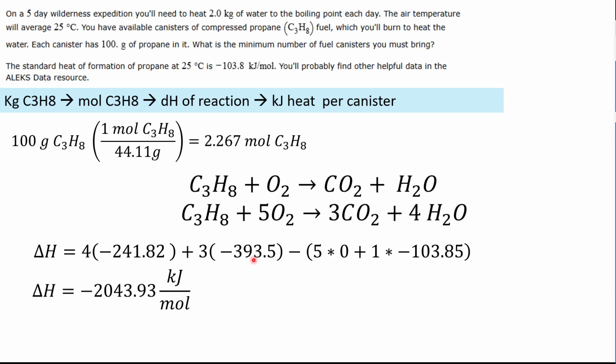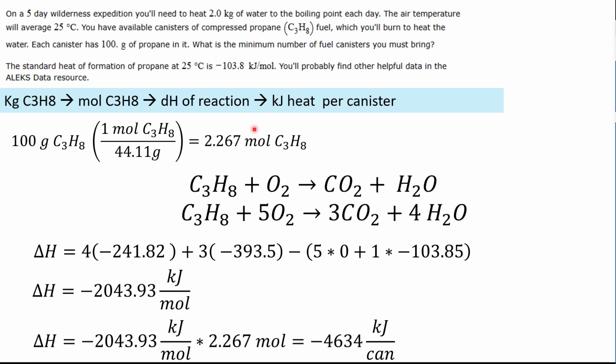But remember that this is kilojoules for 1 mole, however much the stoichiometry is out here. So we need to multiply by our number of moles, which we found up here, to get our total kilojoules per can. All right, next up, now we need to figure out how much we need in a day.